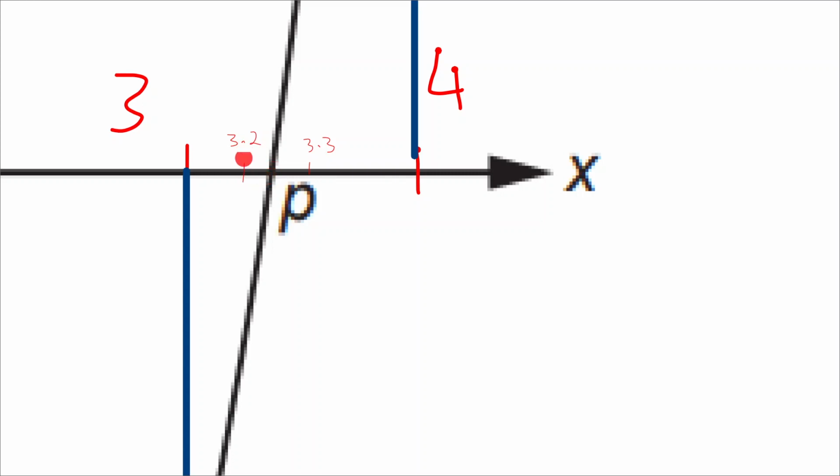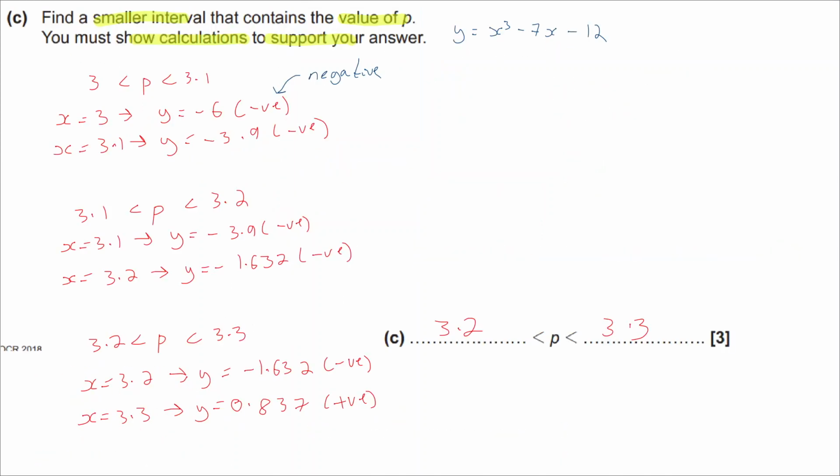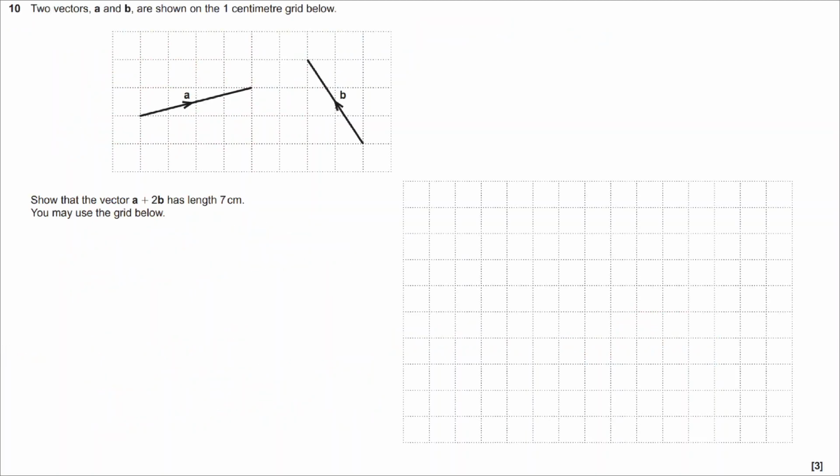But anyway, for the time being, we know it's between 3.2 and 3.3. It's between a negative and a positive value. There we go. Good. And check the mark scheme. Yeah, that's fine. That looks good to me.